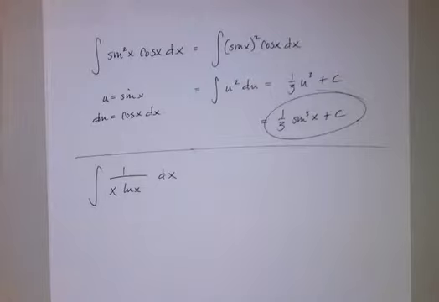I feel like I'm kind of stuck, right? But here's the thing. At this point, we should know that there are 1,000 different ways of changing the form without changing the value. This is actually a relatively easy integral.